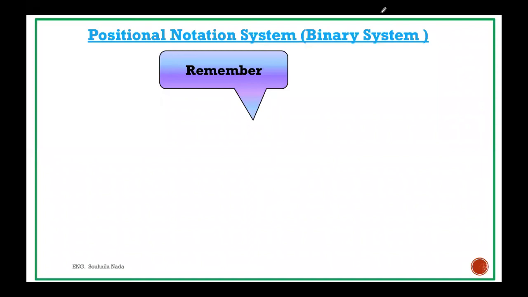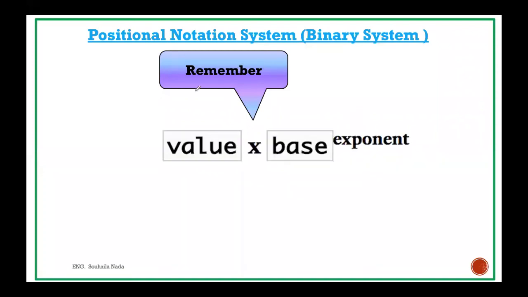Let us go. I would like to remind you of what we used when I gave you a brief about the decimal system: the value multiplied by the base to the power of the exponent.